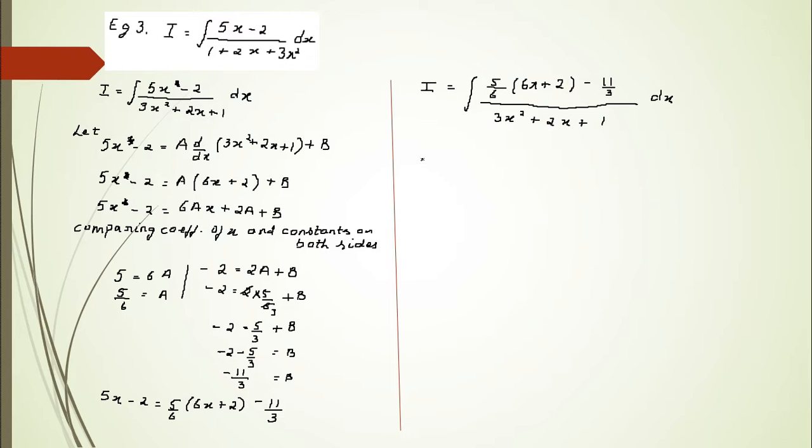Now I'll separate it out. Therefore I is equal to 5 by 6 is a constant, so I'll write outside the integral.